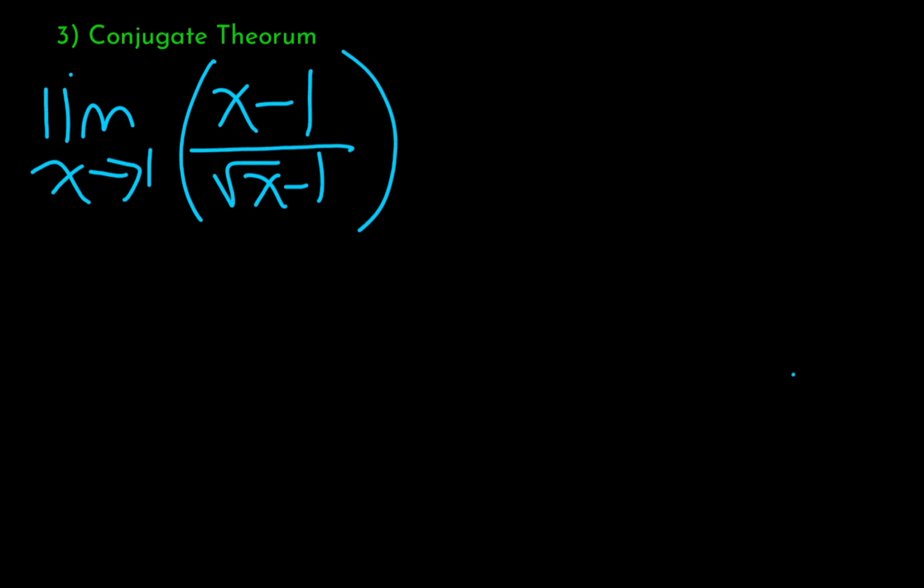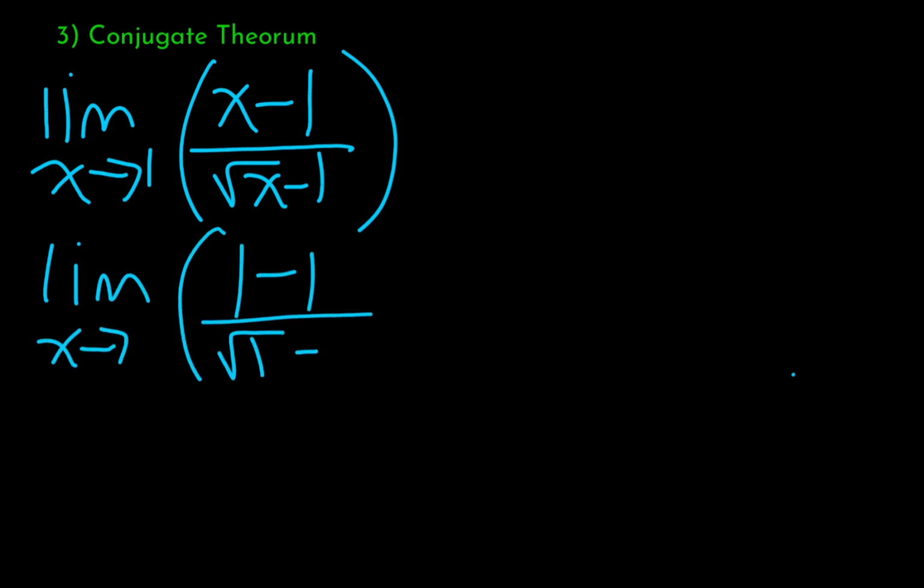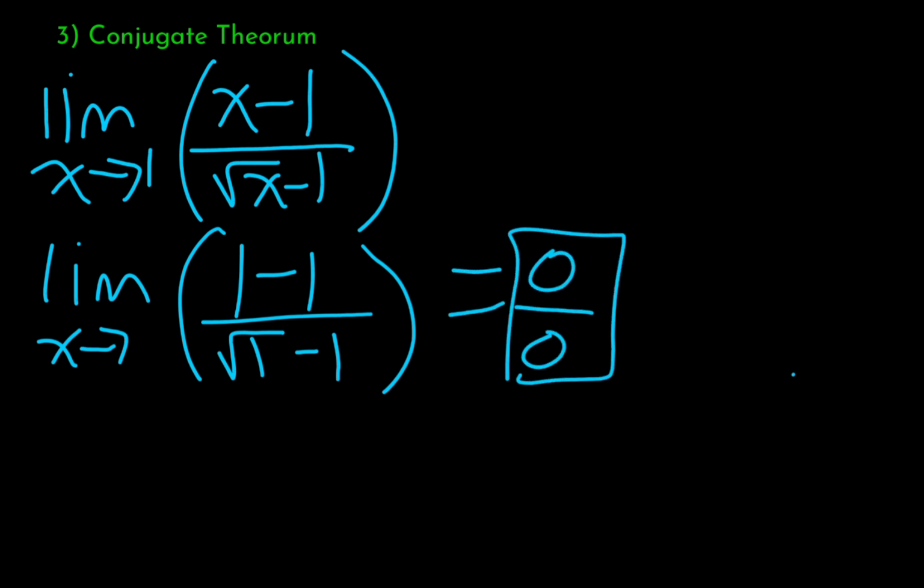And if we plug in a 1, using the computing limits idea that we just learned, it's going to be 1 minus 1 over root 1 minus 1, which becomes 0 over 0, which is indeterminate. It's an indeterminate form.